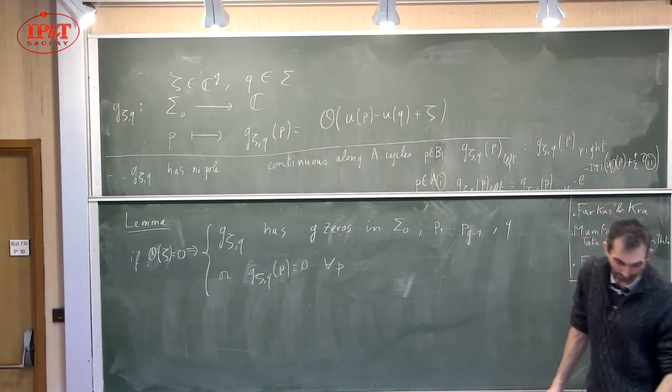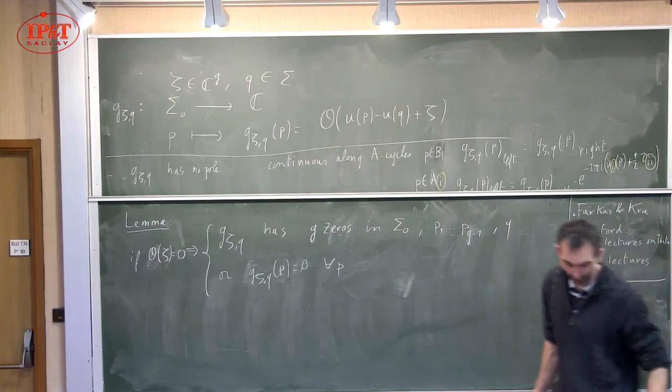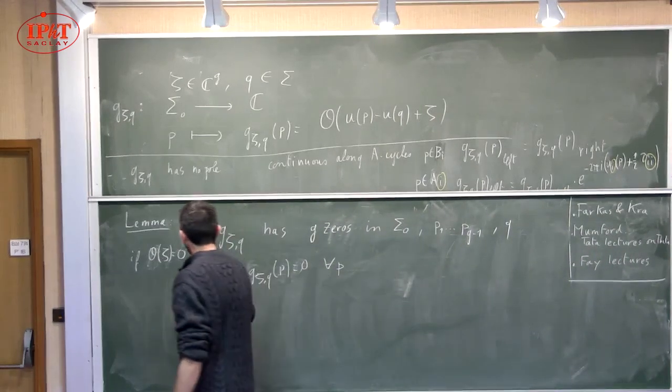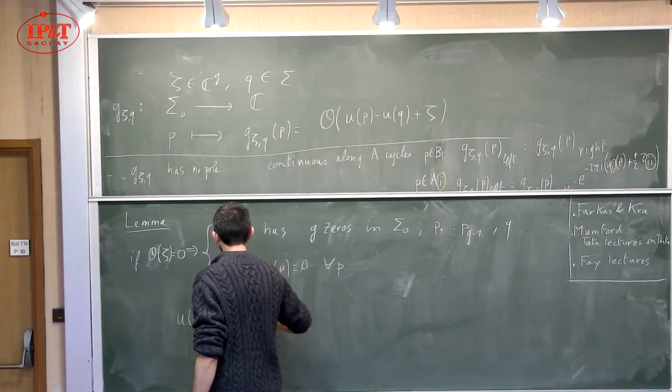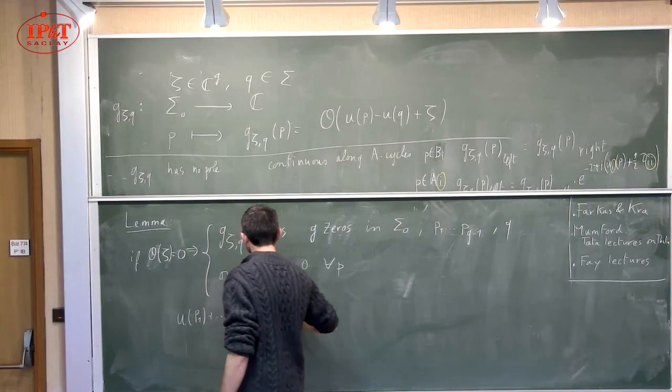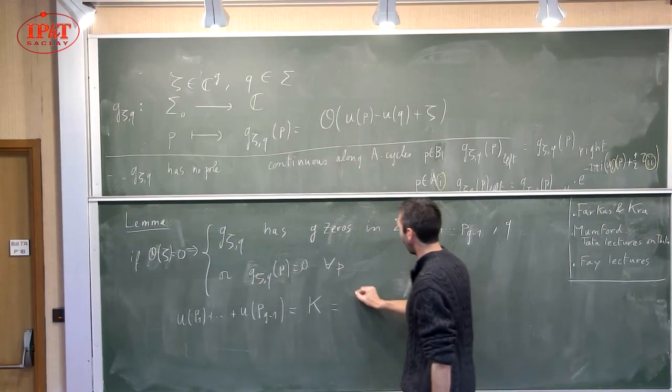And I will complete the theorem saying that the sum of u of P_i is called the Riemann constant.